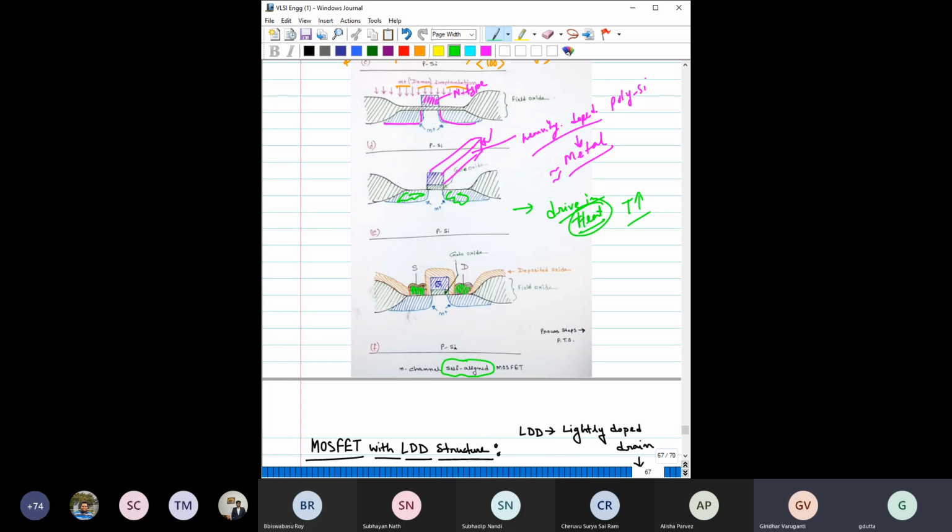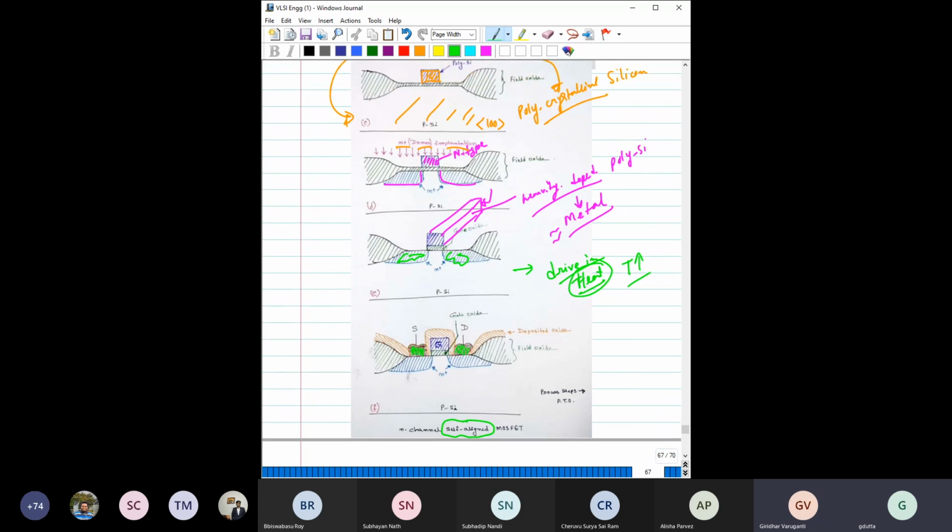So again, we have come back to the metal gate in modern transistors. So we started with metal gate, in between we used polysilicon as a gate material, then again in modern technology we are using the metal gate. So it is metal, poly, metal in terms of timeline. Okay, I hope this part is clear to you. Self-aligned process, what is the advantage compared to the gate last process?